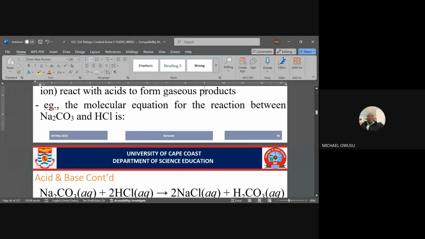I'm waiting for the response. In terms of stability, what can you say about this equation? Sodium carbonate and hydrogen chloride to give this product, sodium chloride and hydrogen carbonate.